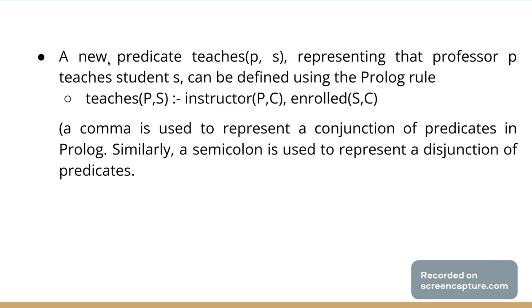Supposing we have a new predicate, teaches(P, S), representing that Professor P teaches student S. We already know which professor teaches which course and which student is in which course. So teaches(P, S) is derived from instructor(P, C), enrolled(S, C). A comma is used to represent a conjunction. Using these two statements, we can find out which student is taught by which teacher.